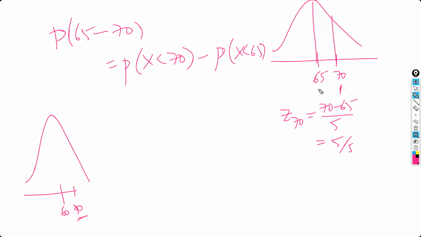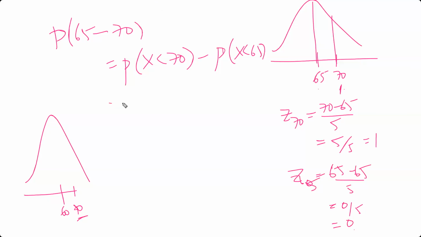Similarly, now calculate for z of 65. It is 65 minus 65 divided by 5, which is 0 by 5, which is 0. At exactly z equal to 1, 0.84 will be there. At exactly 0, it is going to be 0.5.